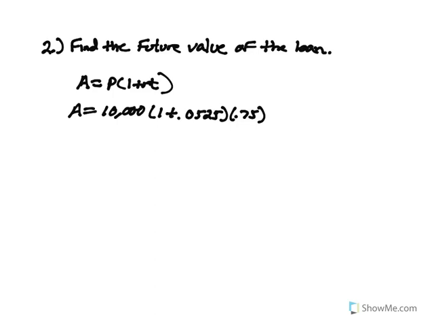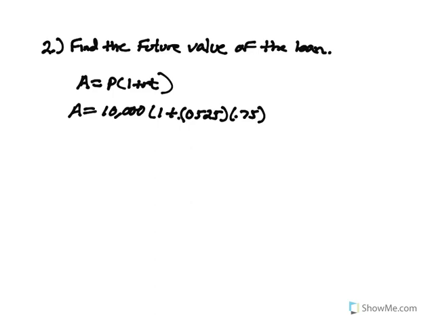So we just go ahead and plug in the information and calculate. When you do 0.0525 times 0.75, and then you add 1, you will get a quantity, and then you multiply it by the 10,000.